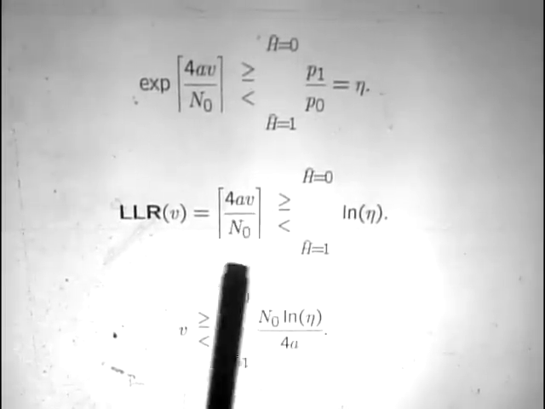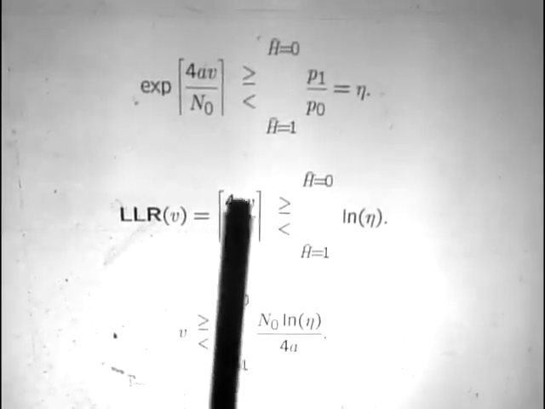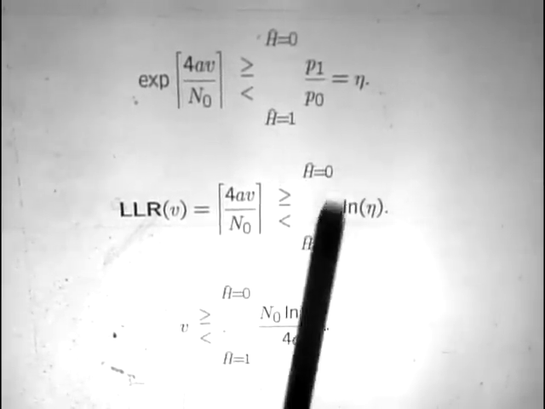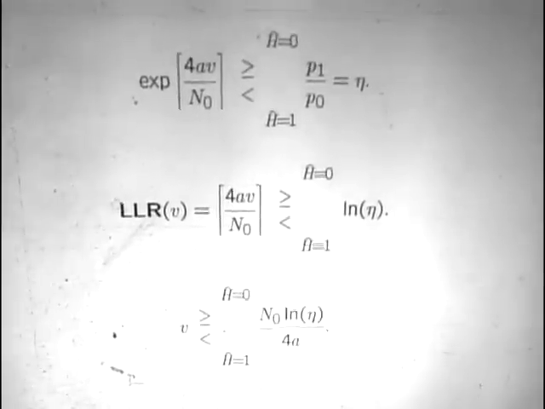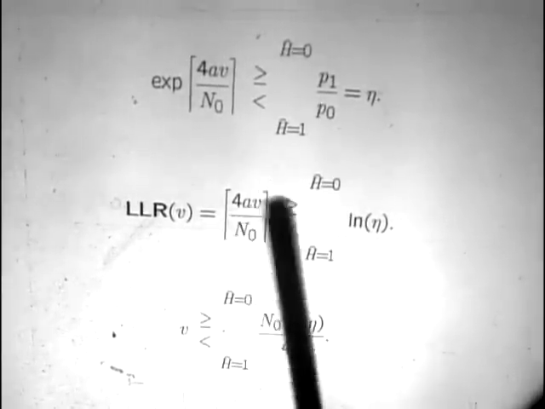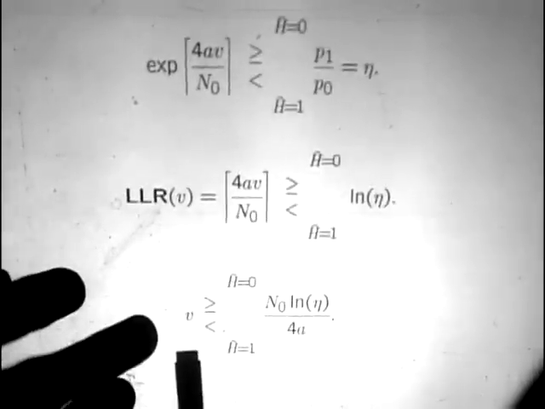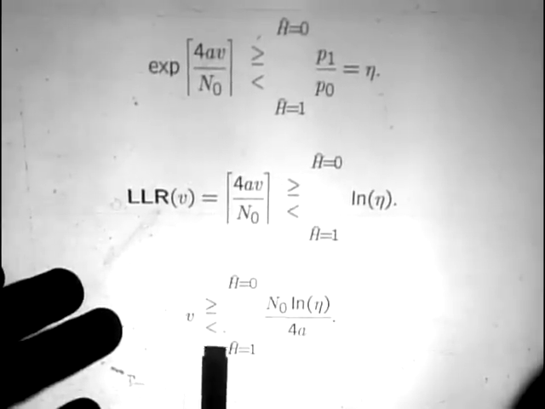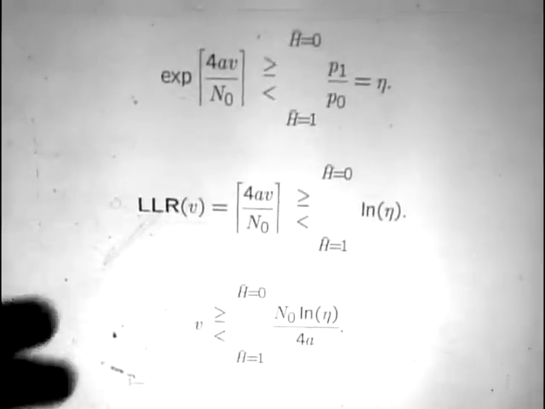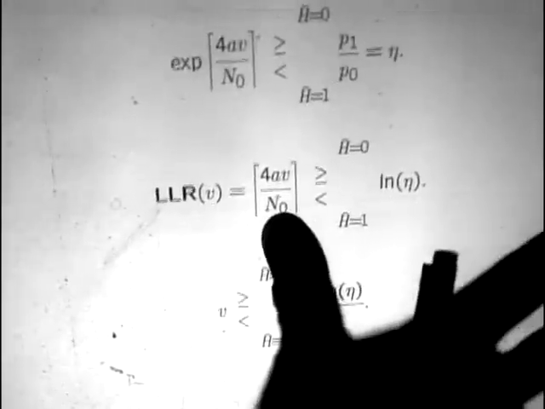It's equal to 4av over n0, and when this is greater than or equal to the log of the threshold, you go this way. When it's less than, you go this way. So when you then multiply by n0 over 4a, your decision rule is you just look at the observation, you compare it with n0 times log of eta divided by 4a.